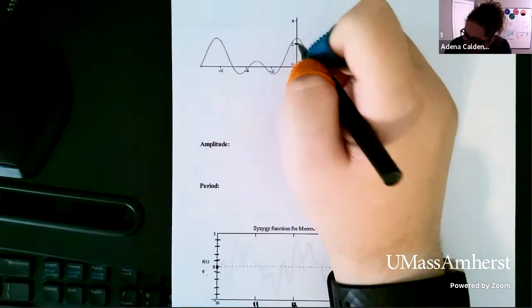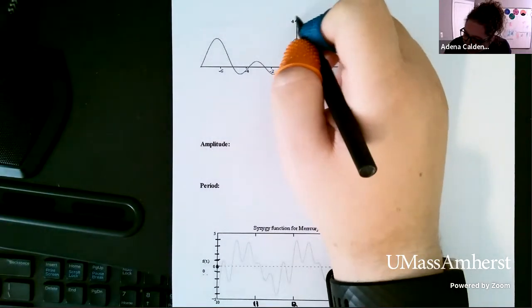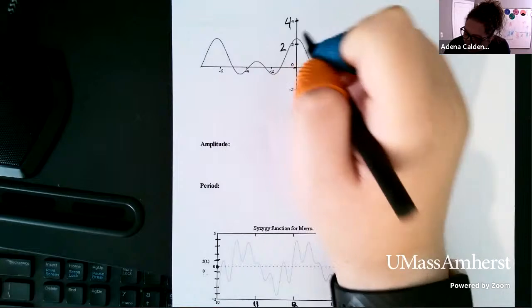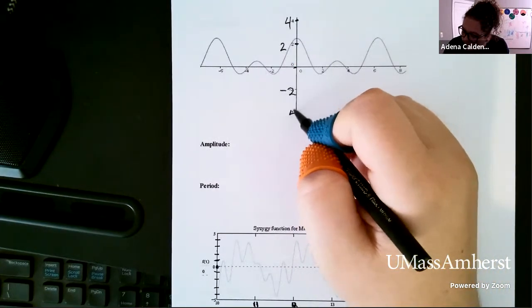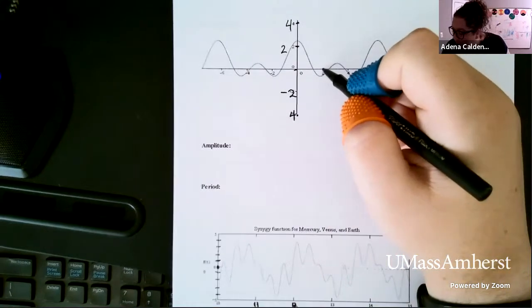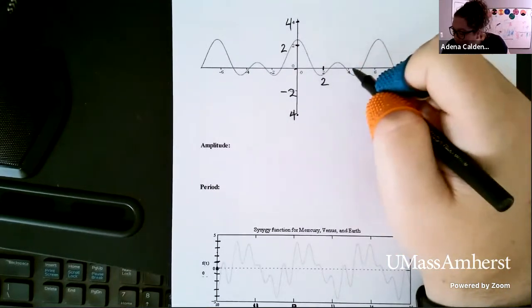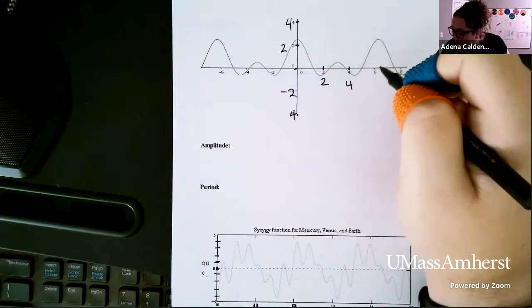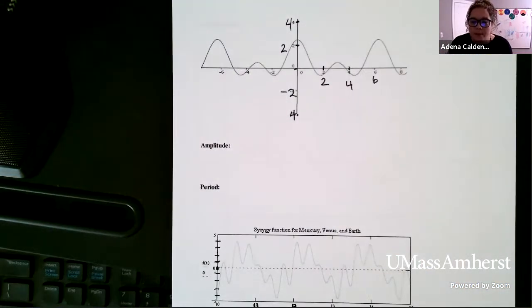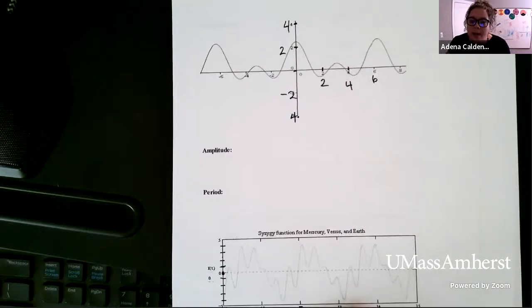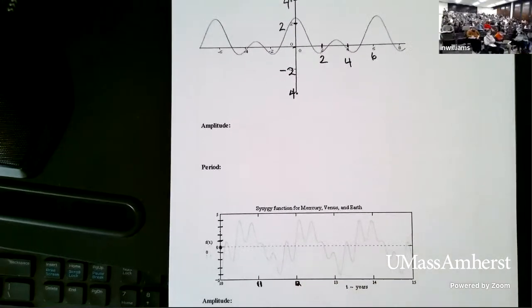So on this axis, we're counting by 2s. So this is 4, this is 2, this is -2, this is 4. Over here, this is 2, 4, 6. So hopefully that's enough to give you a good idea about that. And then you can get them both squeezed in here.